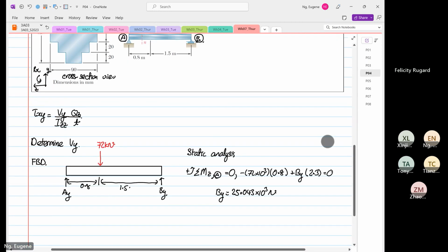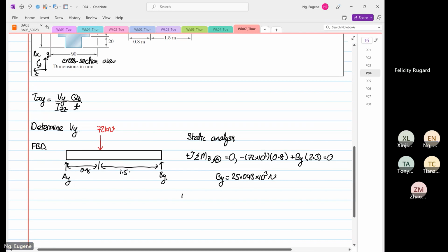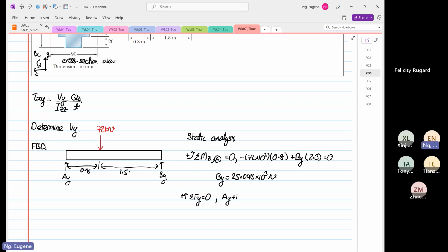And then we have summation of forces in the y direction equal to 0. So it's AY plus BY minus 72 times 10 to the power 3 equal to 0.